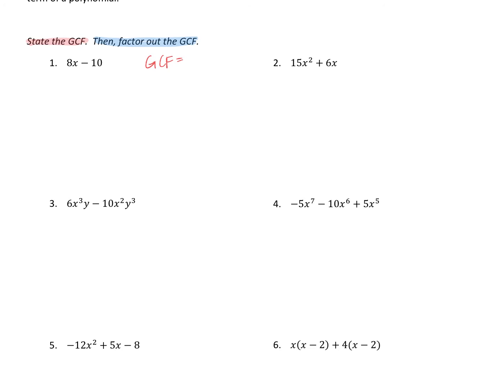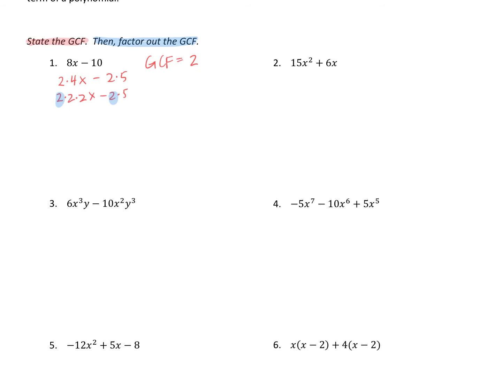So let's say you write 8 as 2 times 4, which is 2 times 2 times 2, with an x. Minus 10 is 2 times 5, and that's as much as you can break that down. Notice that they have 2's in common. So that's going to be your greatest common factor. That's the only thing that they have in common. So the greatest common factor is 2.